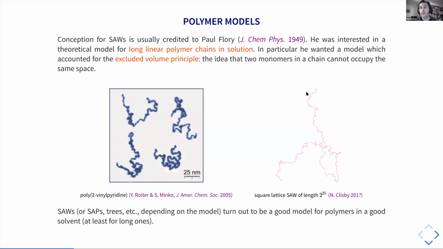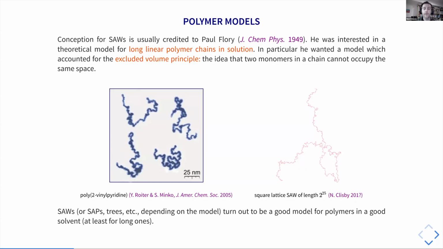And there are obviously similarities between these things. You can measure certain metric properties of real world polymers, and in certain circumstances, at least when they're dilute, the metric properties of these things turn out to match up with the metric properties of self-avoiding walks pretty well. What's going on there is that self-avoiding walks have this self-avoiding property: you can't have two vertices occupying the same point in space.